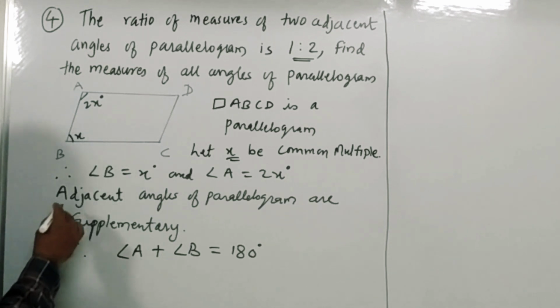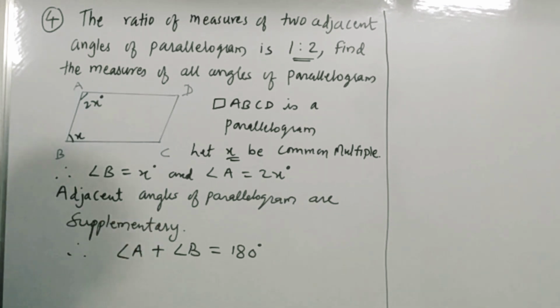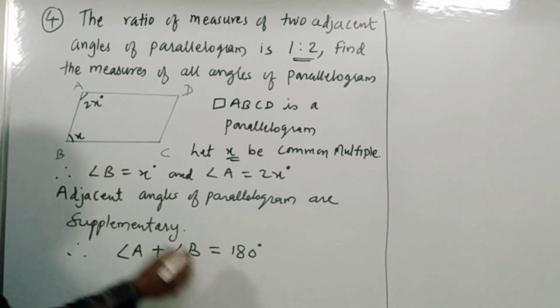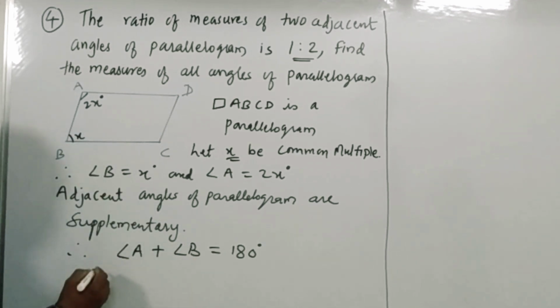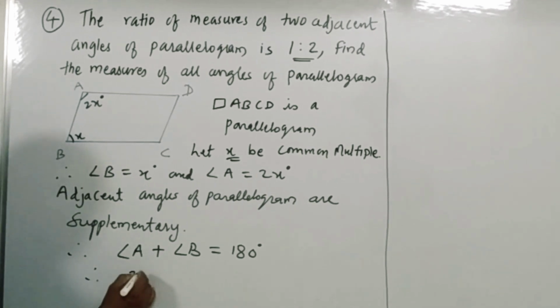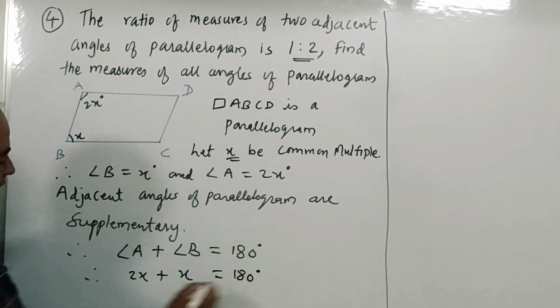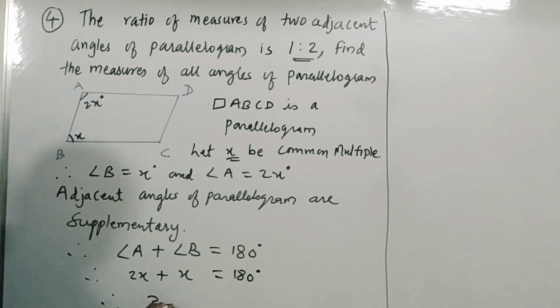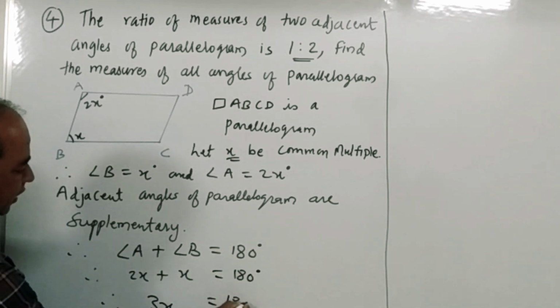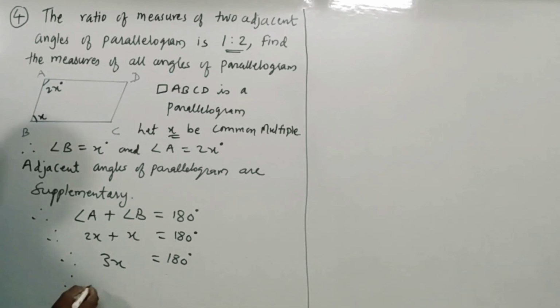Now we know that adjacent angles of a parallelogram are supplementary. Therefore, angle A plus angle B is equal to 180 degrees. Therefore, 2x plus x is equal to 3x, which is equal to 180.